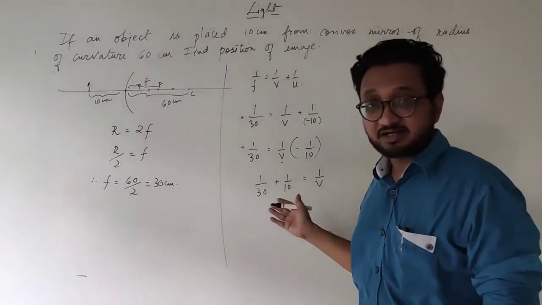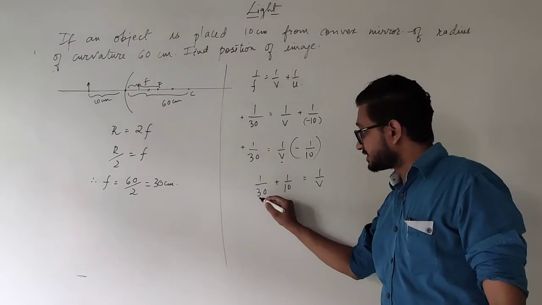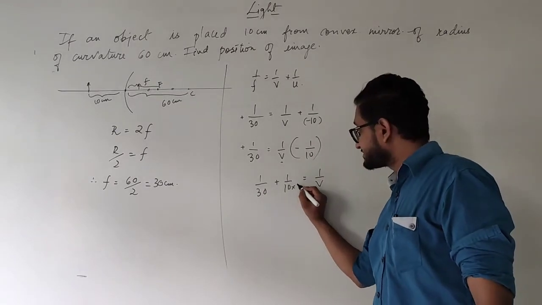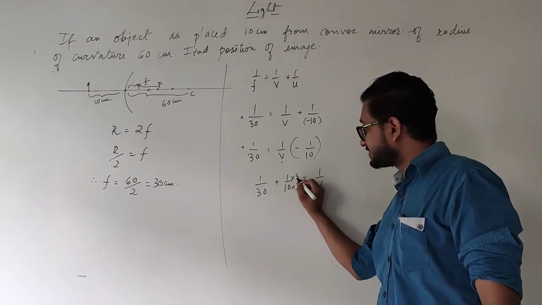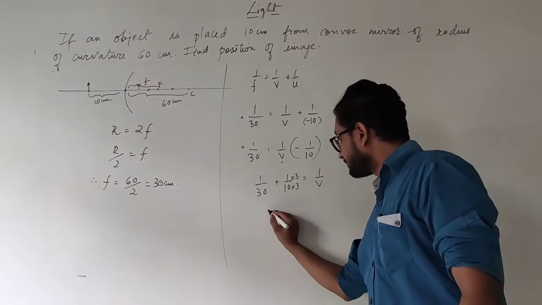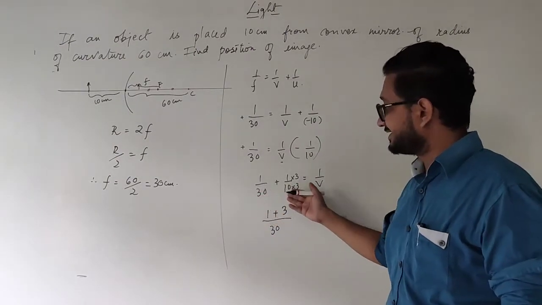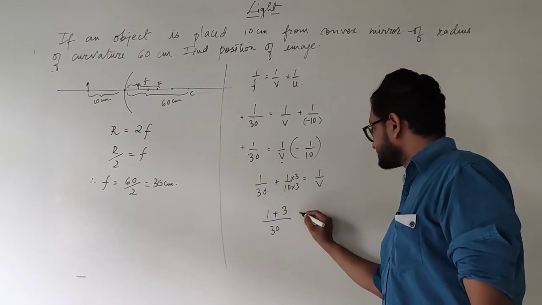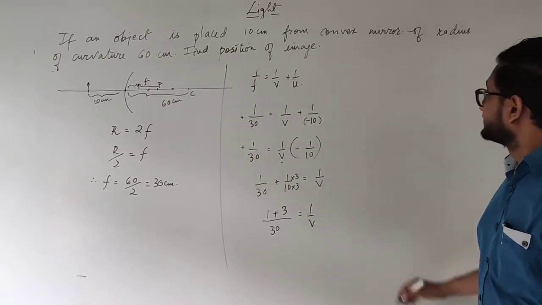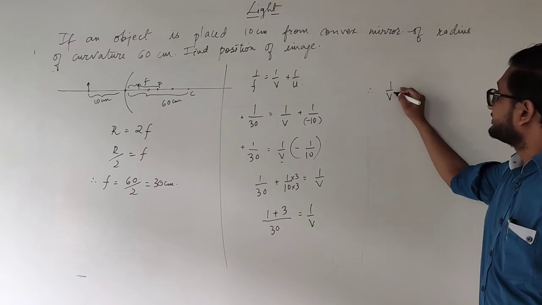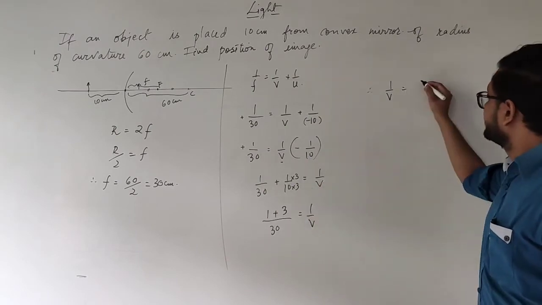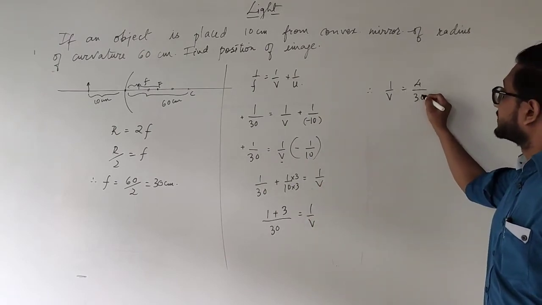Now this is simple addition of fractions. So 30 is the LCM, multiplying this by 3 and this by 3. What you get is 1 plus 3 upon 30, because the LCM is the same. This becomes 1 by v. Therefore, you get 1 by v is 3 plus 1, 4 by 30.